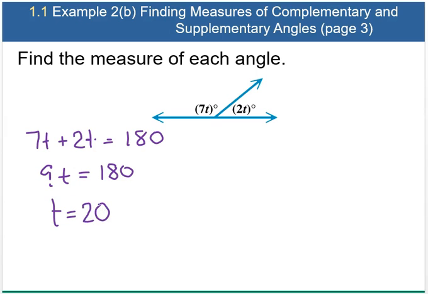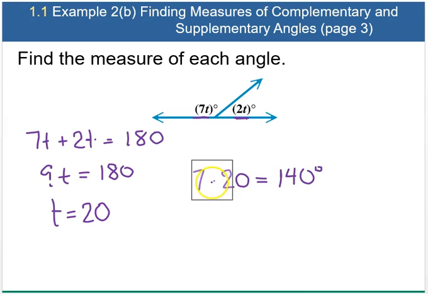And just like our last one, substitute that 20 back in for each of these, and we get our two angle measurements. So 7 times 20 is equal to 140 degrees.